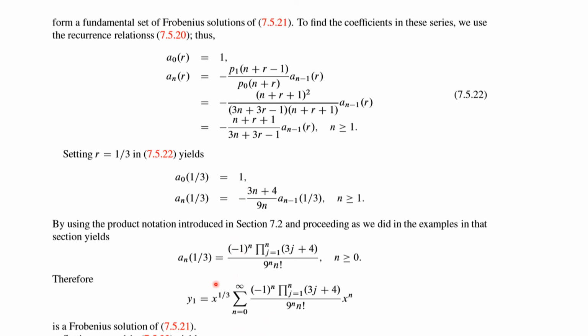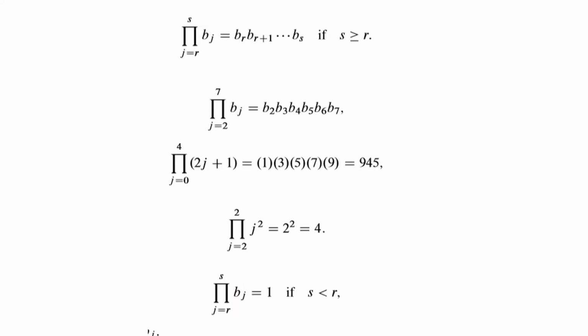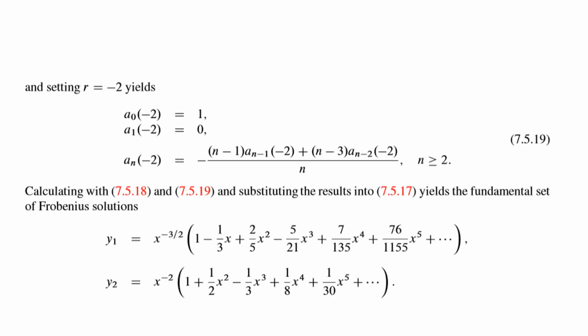And by the way, they've used a different notation here. Instead of a sum, the product is like this. That's the product of those things instead of summing. And when r is minus 1, we get this. Checking these calculations and doing them yourselves would add much value to your studies.